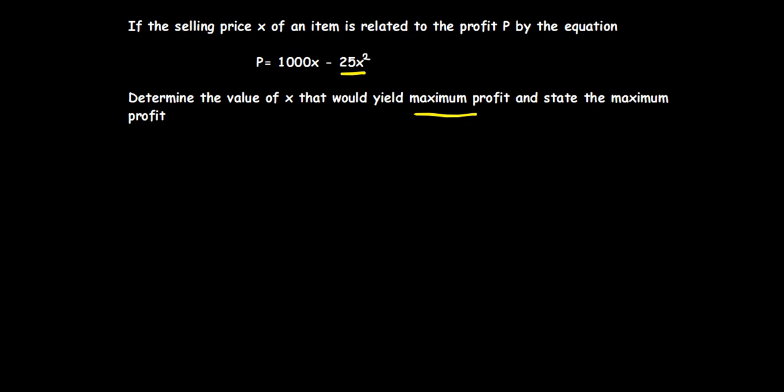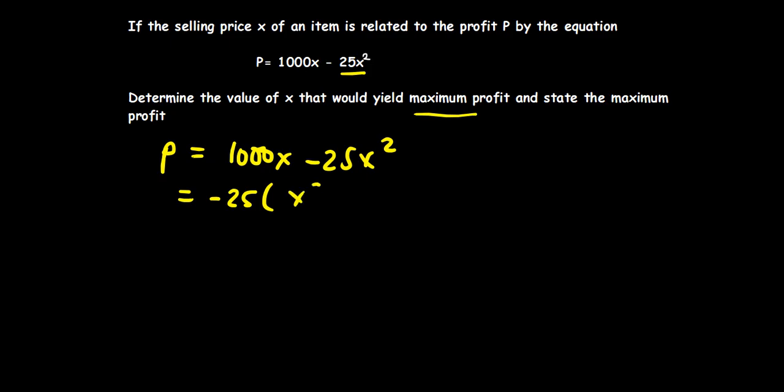So this will go something like this. We have p equal to 1000x minus 25x squared. So let's complete the square now. How do we do that? We first factor out 25, and we'll get x squared minus 40x.